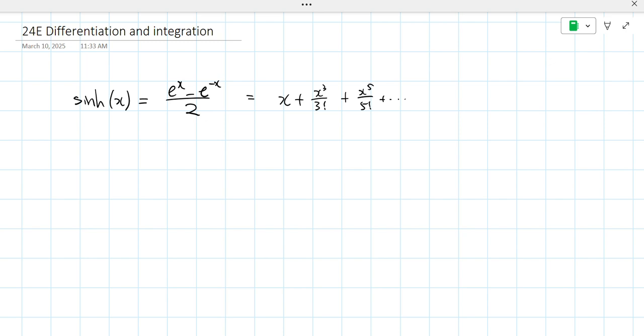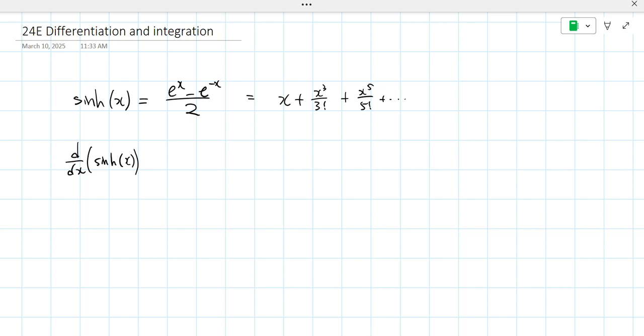Then, can we find the derivative of sinh of x? Well, we could do the derivative of e to the power of x minus e to the power of negative x, divided by 2.